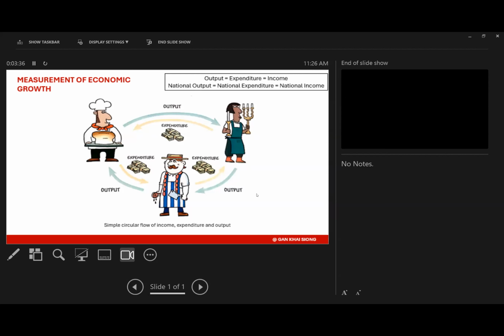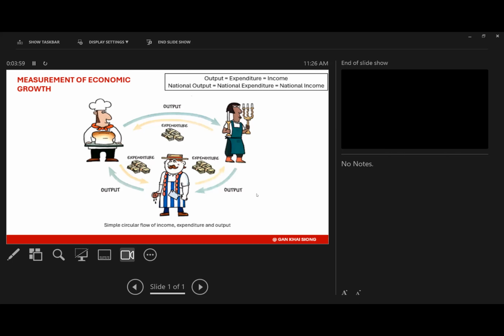That means in the next week lesson, when we calculate the GDP of the country, we can start with any of these three methods. We can use either the output approach, the expenditure approach, or the income approach. So there will be three approaches for you to calculate the GDP that you are going to learn in next week's lesson. I just show you how come we have these three approaches.